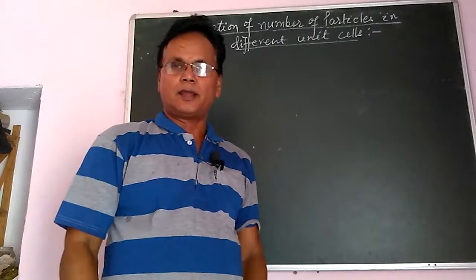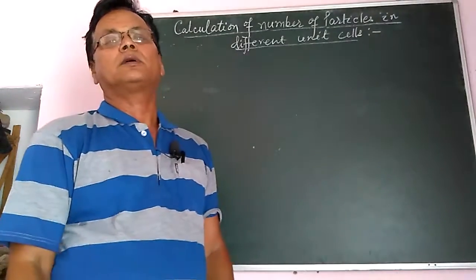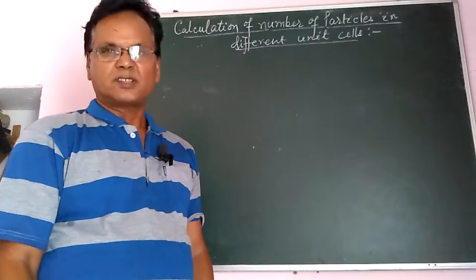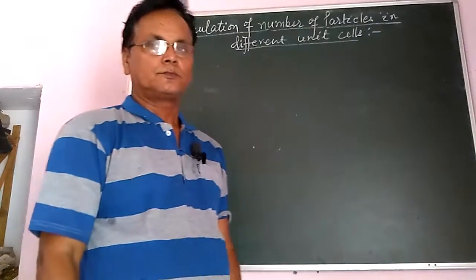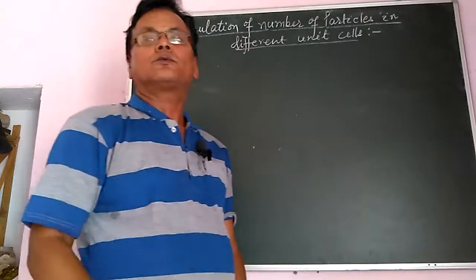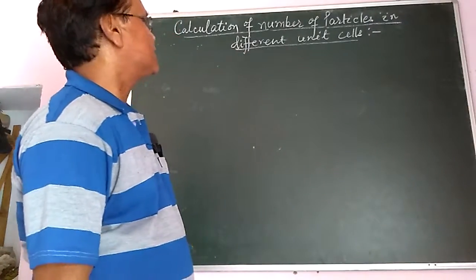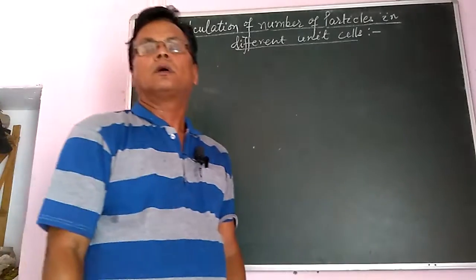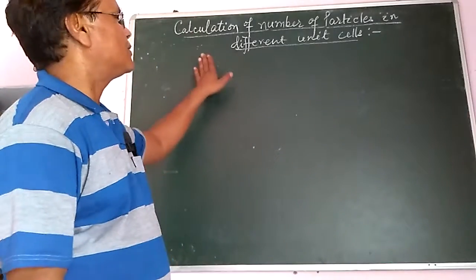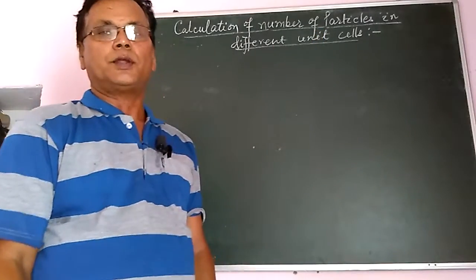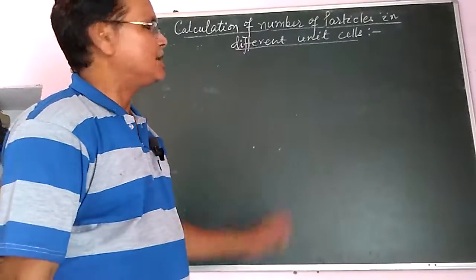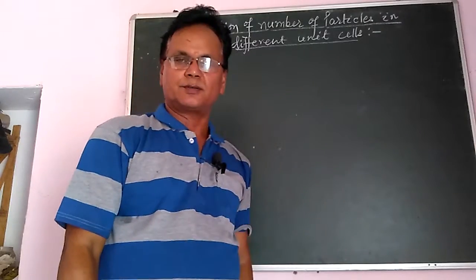In that video, I had given you the clear concept about the unit cell and their types. Now, today's video is on calculation of the number of particles present in different types of unit cells.